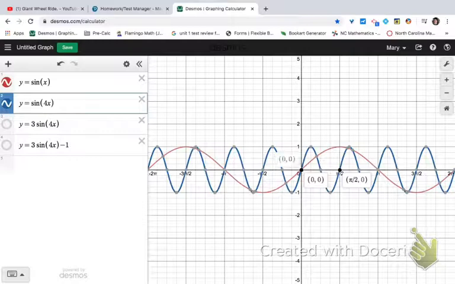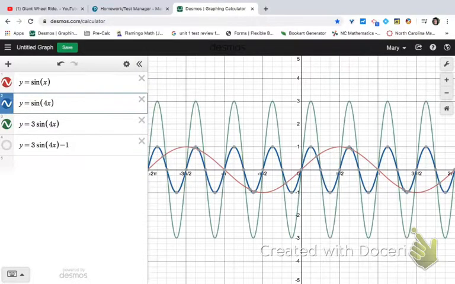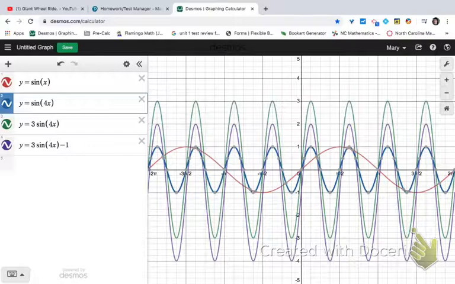Because this is sine, we start at the origin and we go up to the maximum, x-intercept, down to the minimum, and then back to an x-intercept. Once we've got our period defined, you can throw that amplitude in there and then shift it down 1.